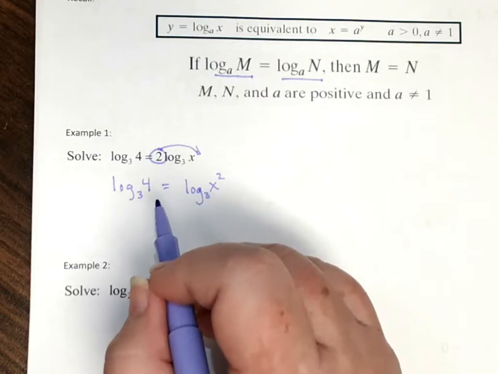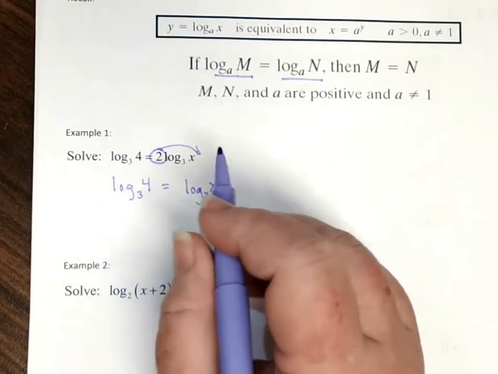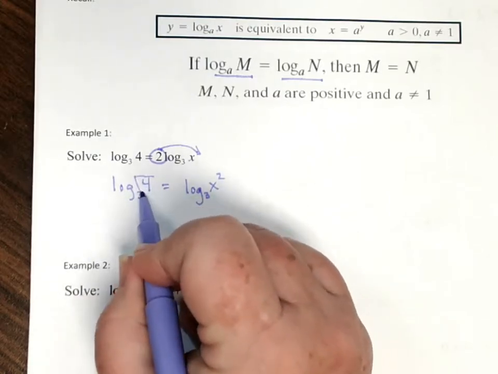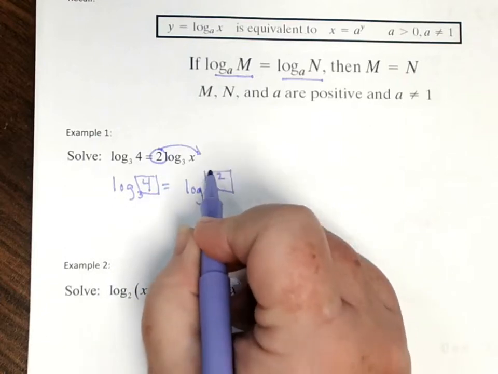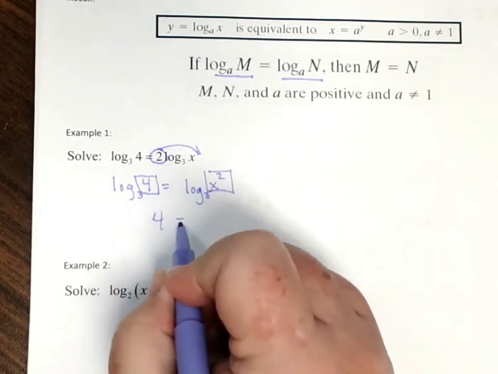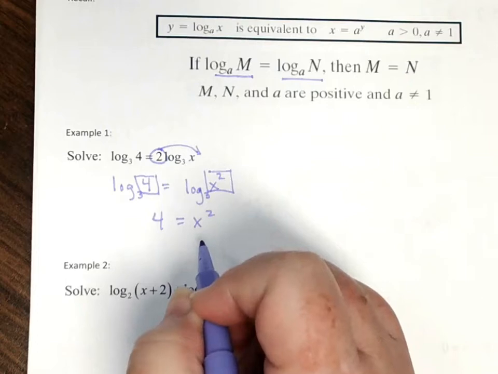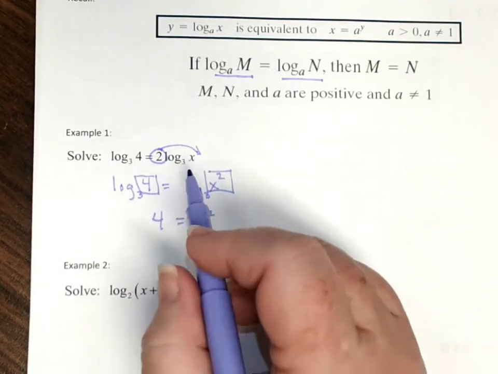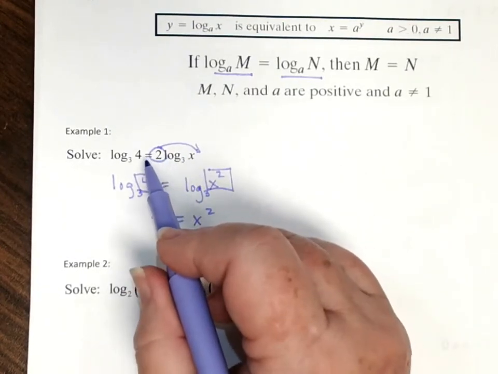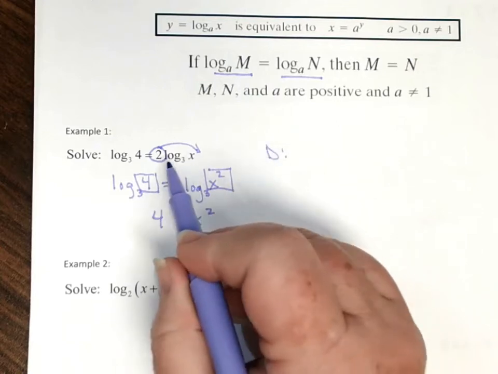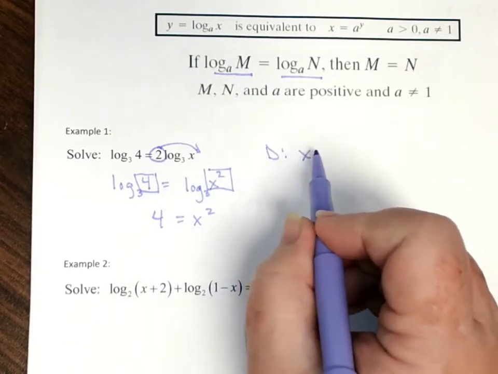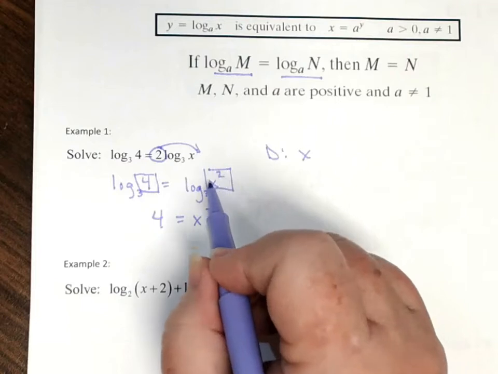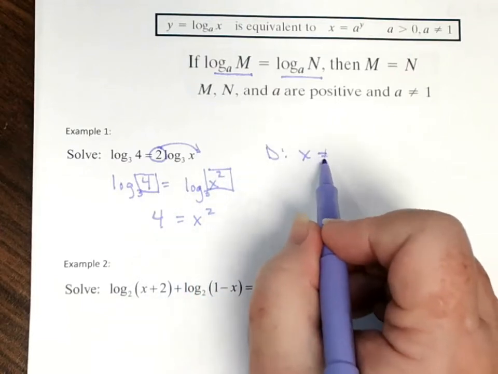Now I have a log that is the same to both of them. It's not the common log, but common to both of these. And therefore, my arguments must be equal to each other. So I've got 4 is equal to x squared. Now, in this particular problem, remember, the domain is that x has to be a positive number, and that's going to happen everywhere except for when x is 0.